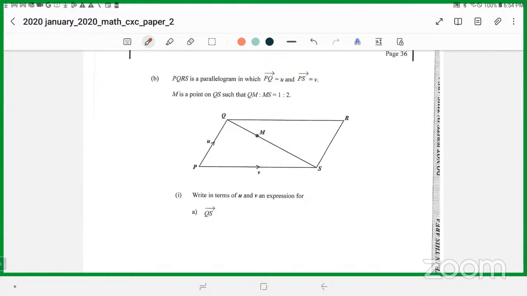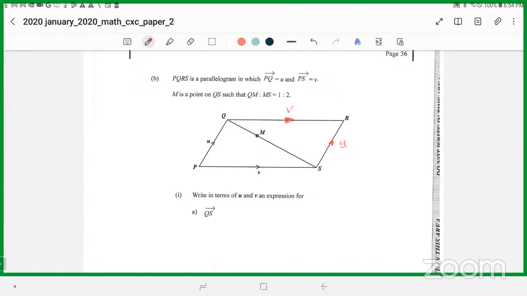Since PQ is U, going up this way, this opposite line is also U. And since PS is V, going this way, the line that is the same length and parallel is also the vector V.